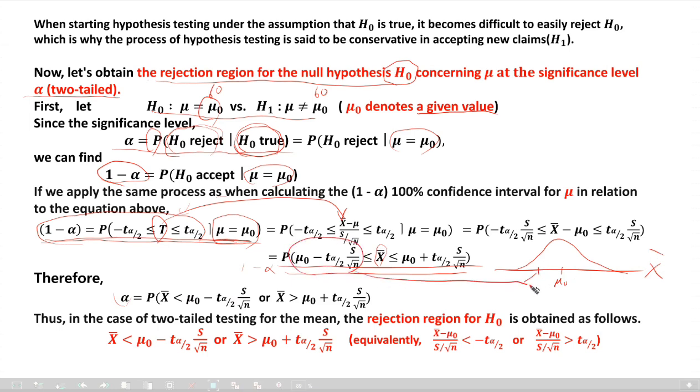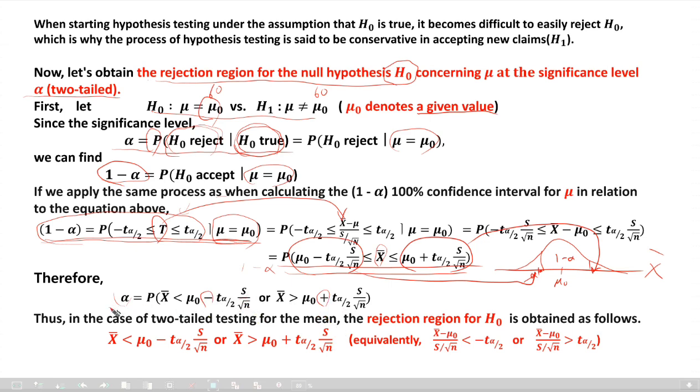This part is 1 minus alpha. Then what is alpha? The rest of the area. So alpha is the probability of x bar less than mu 0 minus t alpha over 2 times s divided by square root of n, here minus, here plus.